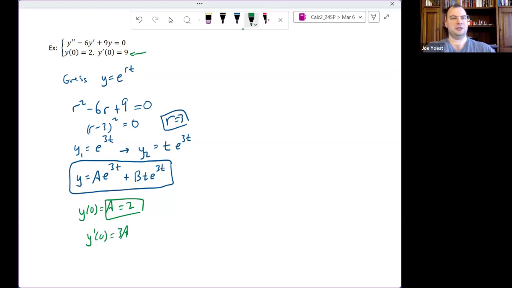And differentiating this second term, I differentiate the t, which gives me b e to the 3t. Plugging in t equals 0 gives me just the b. And then differentiating the exponential leaves behind the factor of t. When I plug in 0, that zeroes out that term. And 3a plus b has to be 9, or 6 plus b is 9, so b is 3.